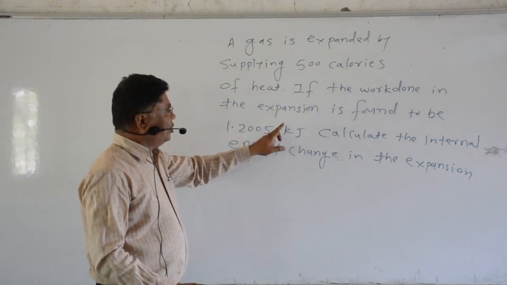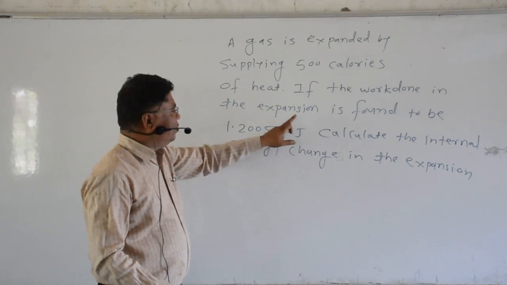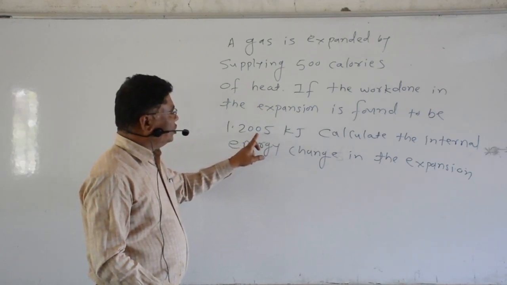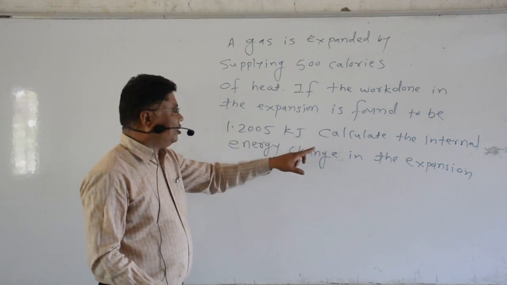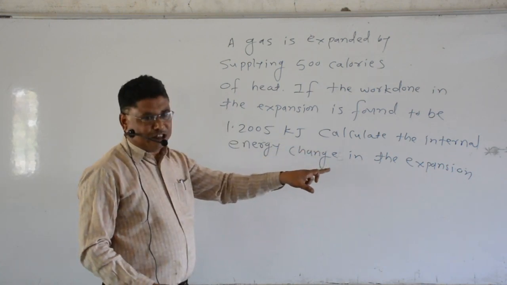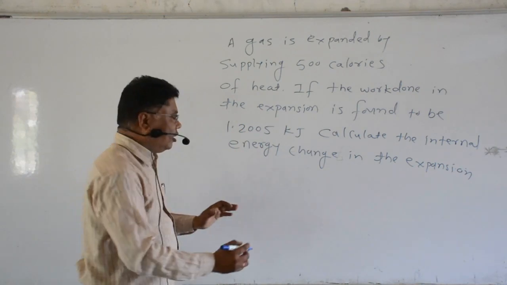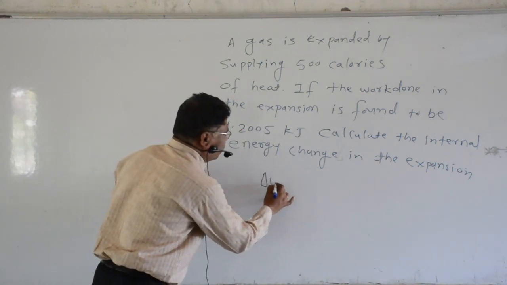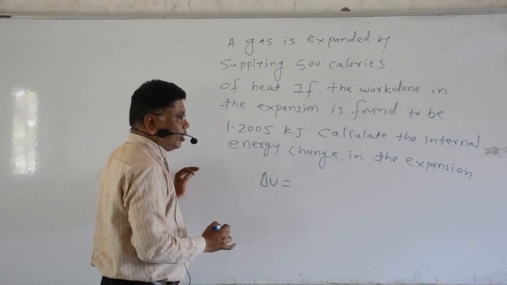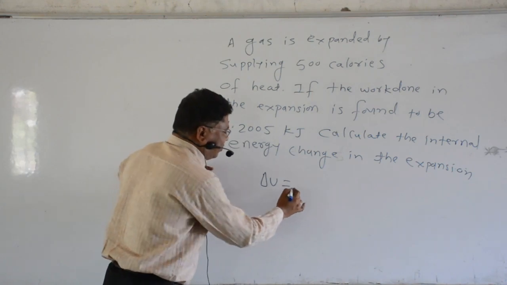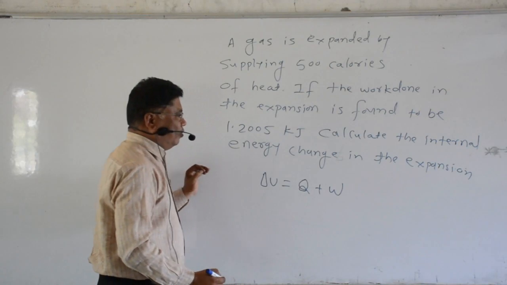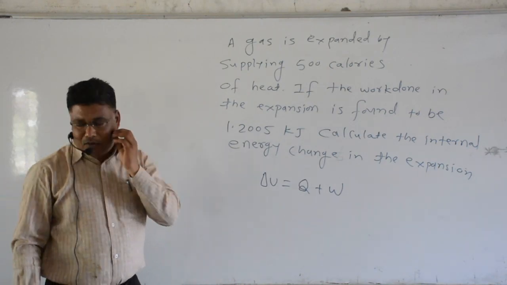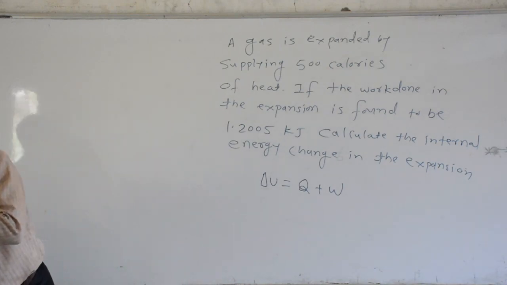If the work done in the expansion is found to be 1.2005 kilojoule, calculate the internal energy change in the expansion. Means again we want to calculate delta U, and you know that according to first law of thermodynamics, delta U is equal to Q plus W.